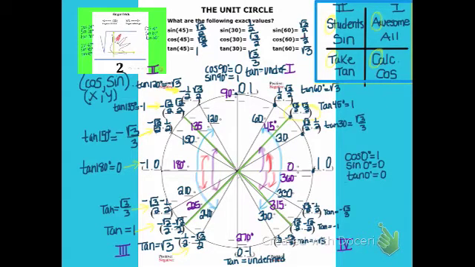So remember we talked about that we could find the multiples of the 45 by splitting the half circle above the x-axis into fourths. So basically we were splitting the whole circle into eighths. But if we think about that 45 degrees is pi over 4, then we can get multiples of pi over 4.